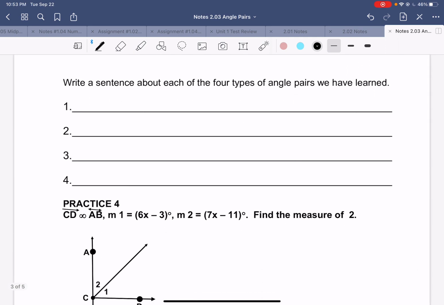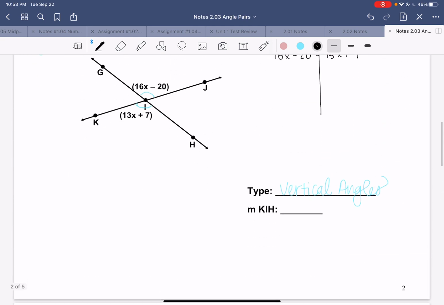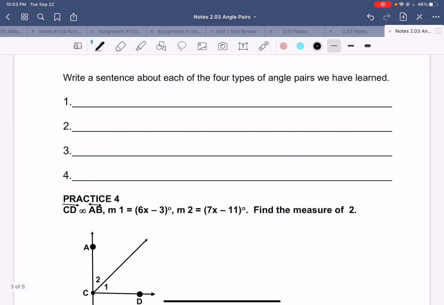All right. So let's talk about this. Write a sentence about each of the 4 types of angle pairs that we have learned.